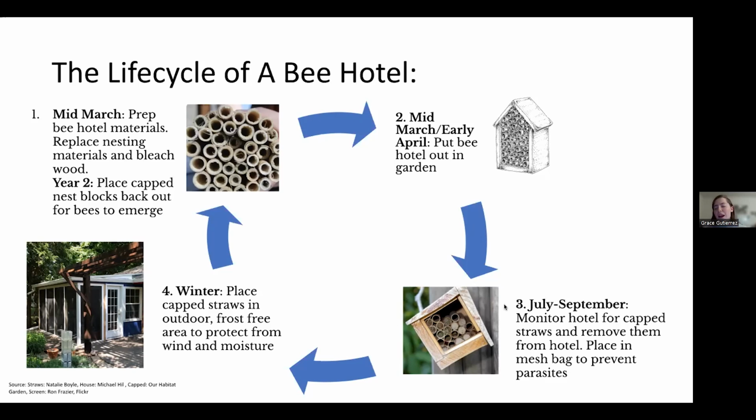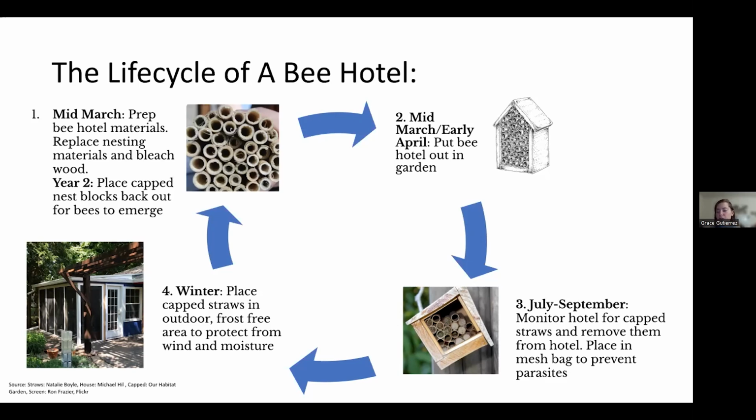But back to our life cycle. The third thing you want to do, I said July, but if I'm being honest, it's usually around June and going into September, is monitor your hotel for capped straws.